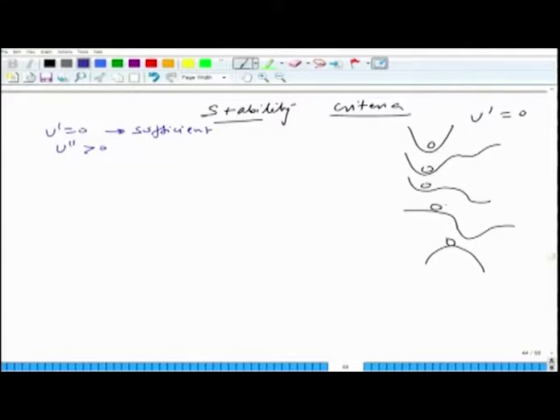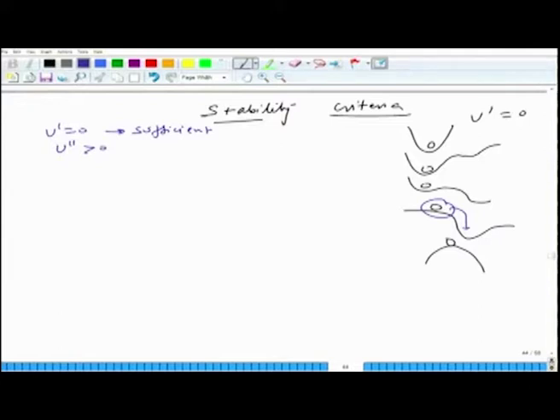So, in this case particularly, if you perturb slightly, it is going to move in this direction, okay. So, this becomes a limit of stability, okay. Beyond this is unstable, okay. If you change a little bit the curvature, it is going to be unstable.